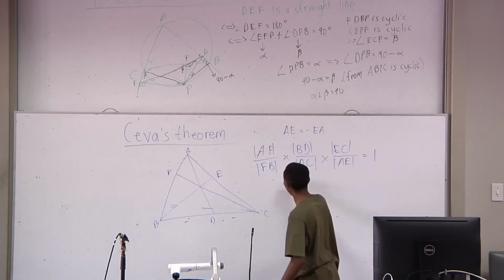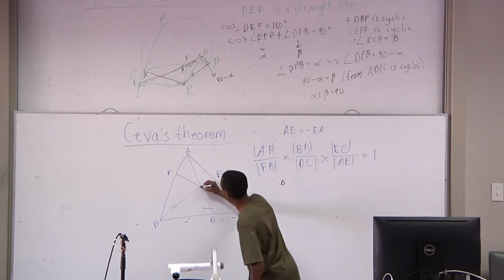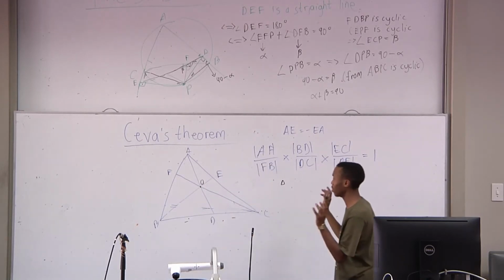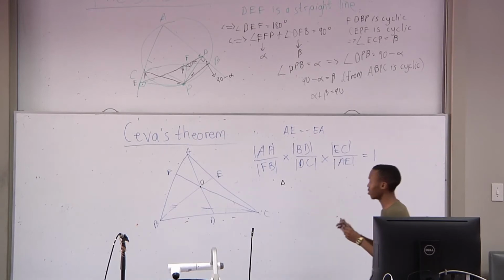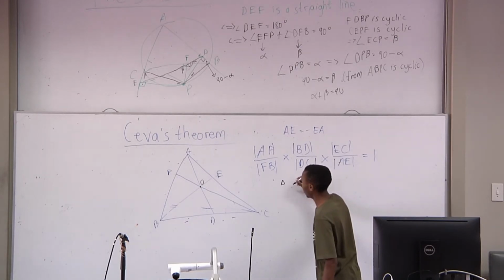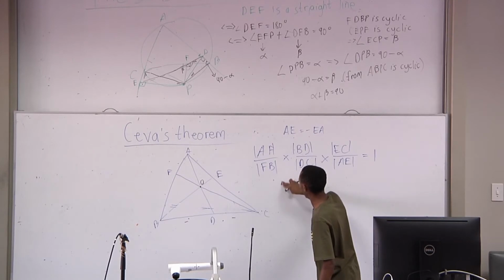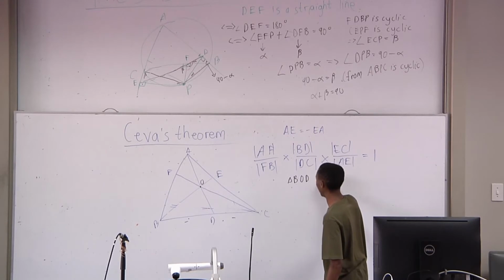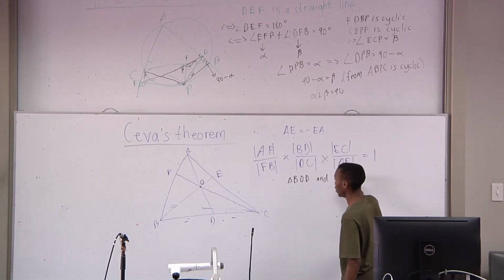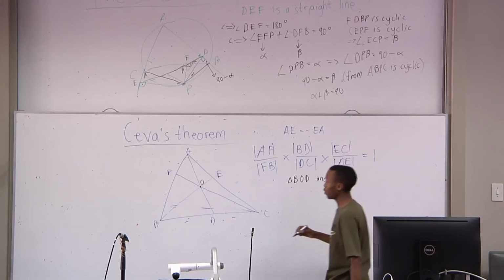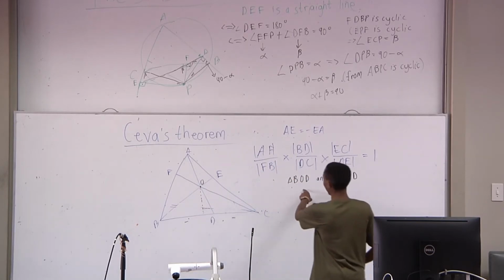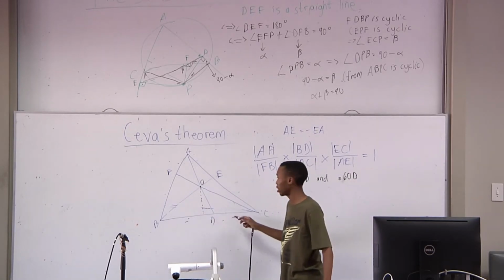Let's call this point O. That's not the center or circumcenter, it's just a random point O. Consider triangles BOD and COD. If you consider this as the height of these two triangles, then the ratio between these two areas is just the ratio of the sides because they have the same height.